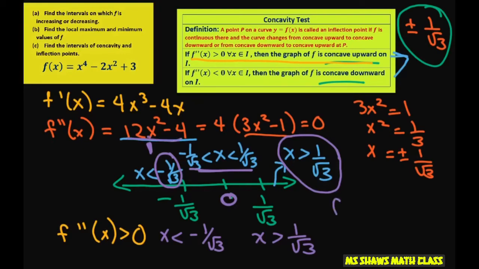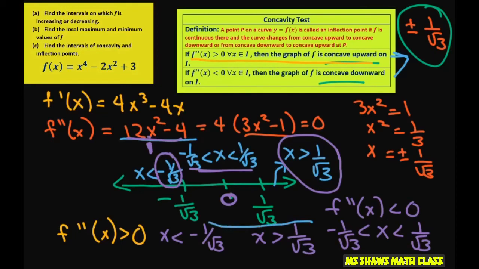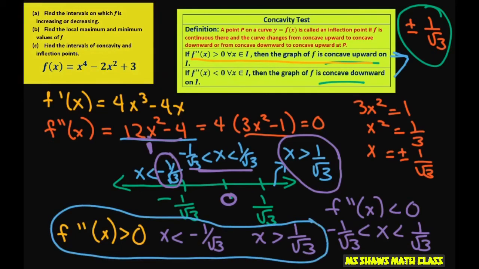So f double prime of x is negative when x is in between negative 1 divided by square root of 3 and 1 divided by square root of 3. That means these two intervals here are going to be concave up, and this one's going to be concave down.